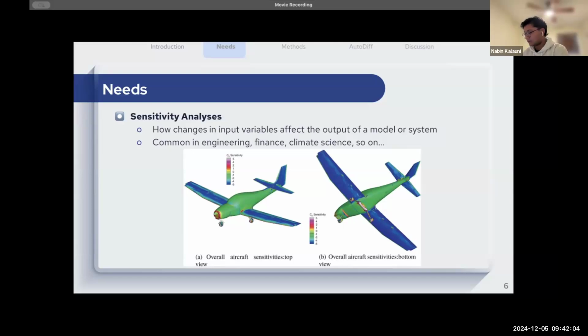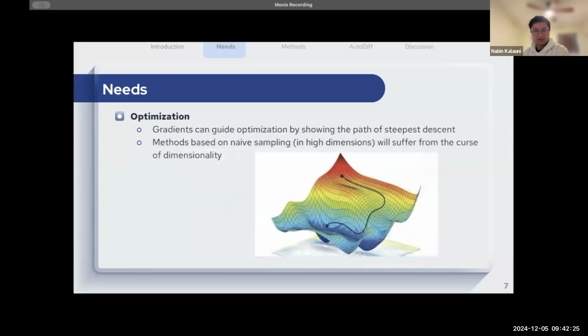I just listed a few of them: engineering, finance, and so on. An example here is from an aircraft design process, where you check the drag and lift and see how they change based on the different configurations. It's an example of a sensitivity analysis you do in engineering. So this is one use case of gradients.